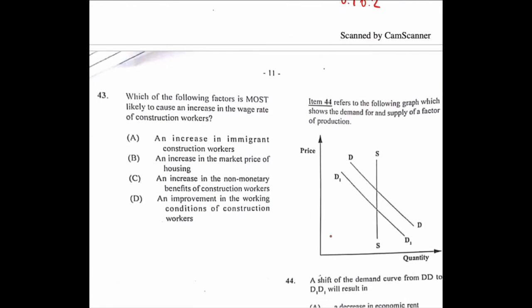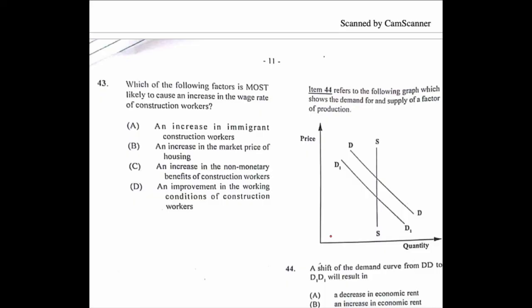43 says, which of the following factors most likely causes an increase in the wage rate of construction workers? That would be B, an increase in the market price of housing. In order to purchase housing you need an income, and your income is derived from the wages that you get from the firm, and in this case the construction workers get it from the heads of the construction firm.